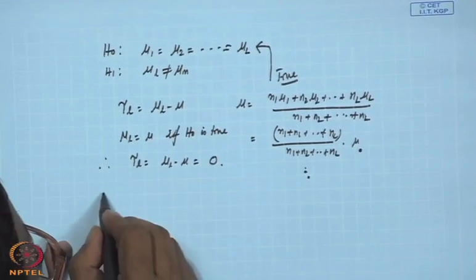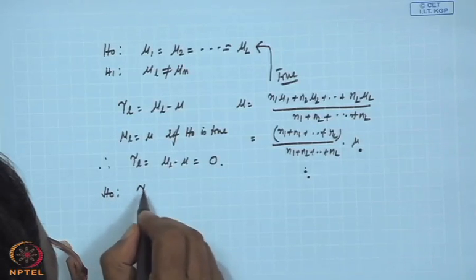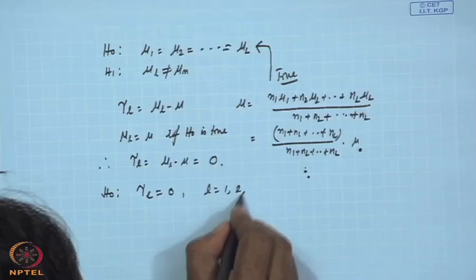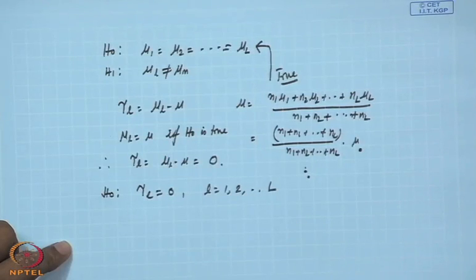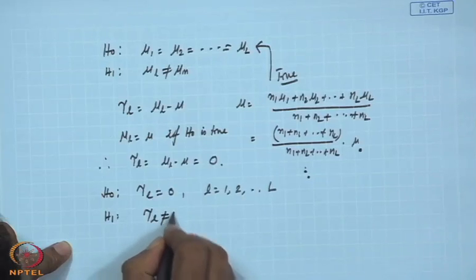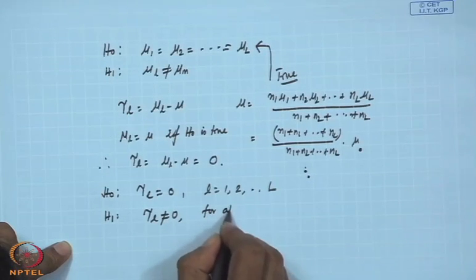That means we can create the null hypothesis like this: tau L equal to 0, L equal to 1 to capital L, and your alternate hypothesis will be tau L not equal to 0 for at least one L.